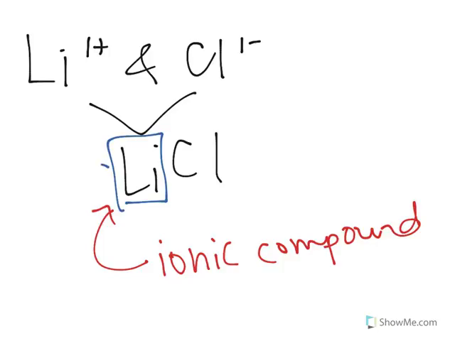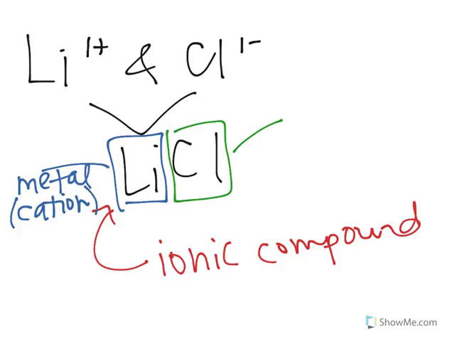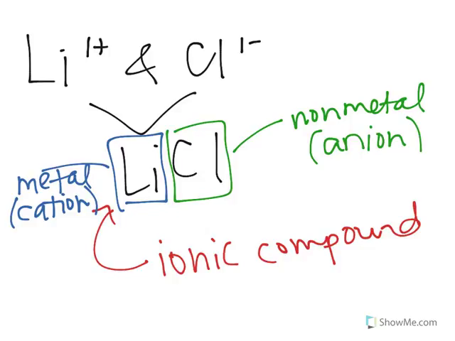So lithium here is our metal, or the cation, interacting with chlorine, our anion and our nonmetal, to form a compound. So we have a positive and a negative joining together to form a compound that's no longer charged. It has an overall charge of 0. So this is what an ionic compound is.